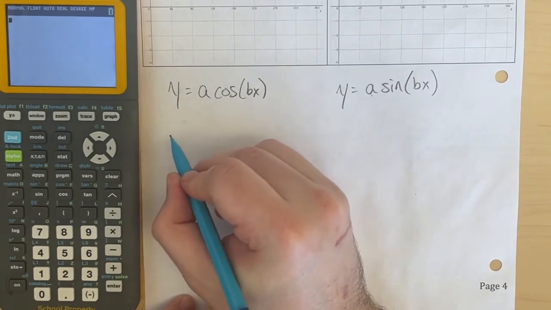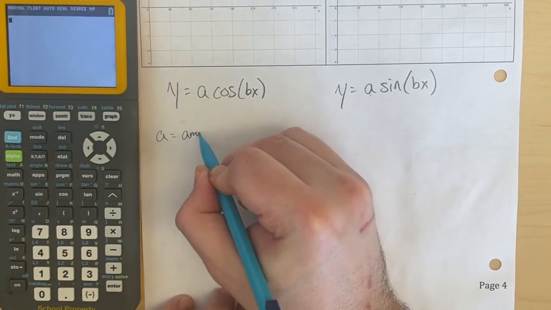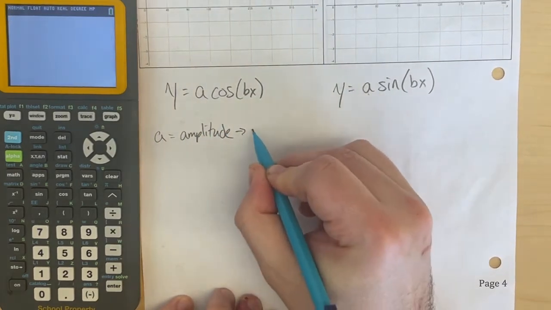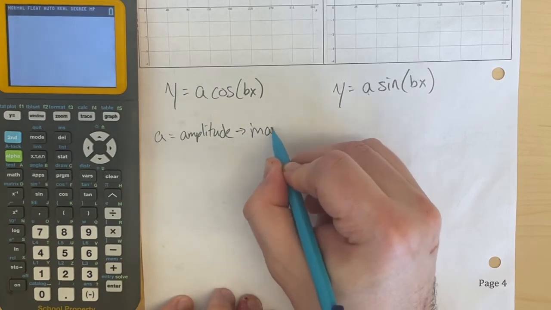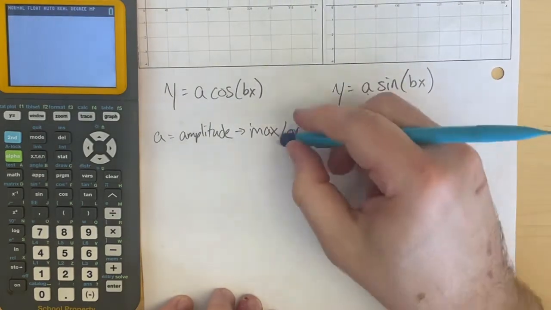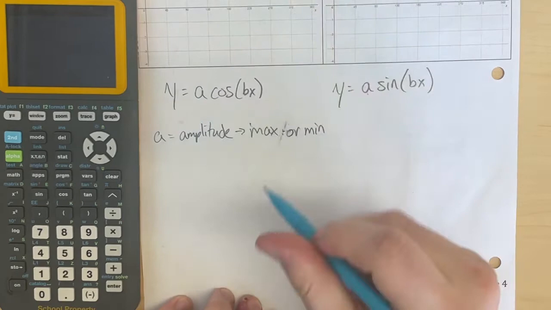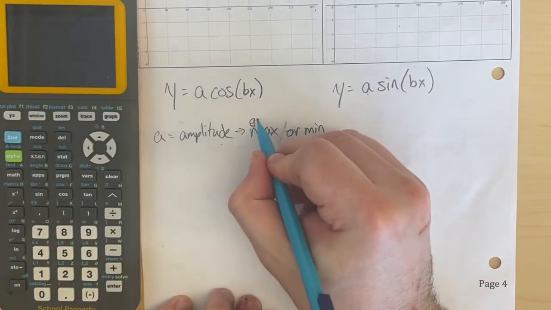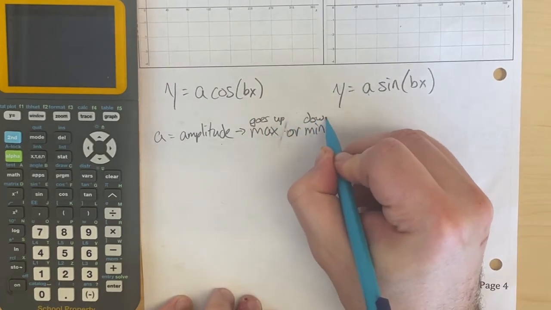We'd say a is amplitude, which means the max or the min. That's just saying, what does your function go up to? It goes up to the max, or down to the min.